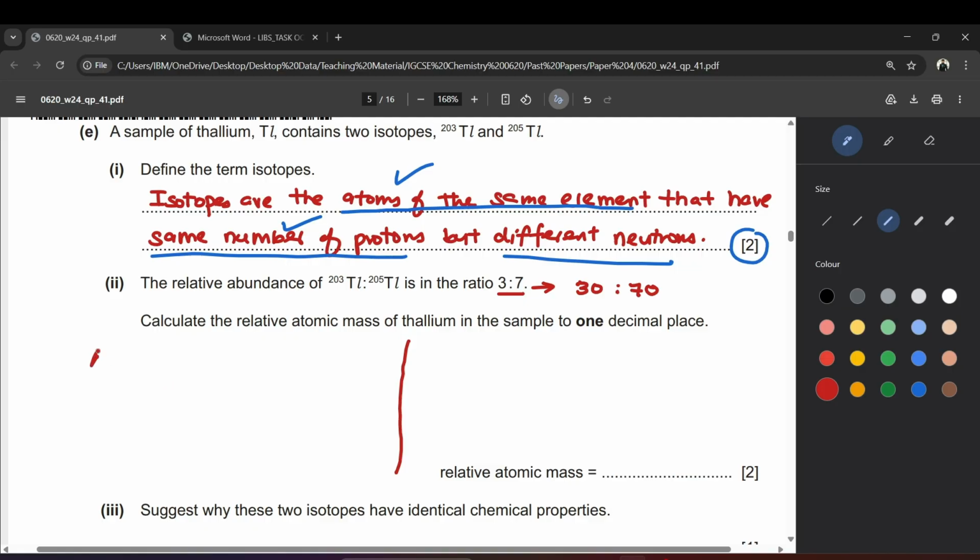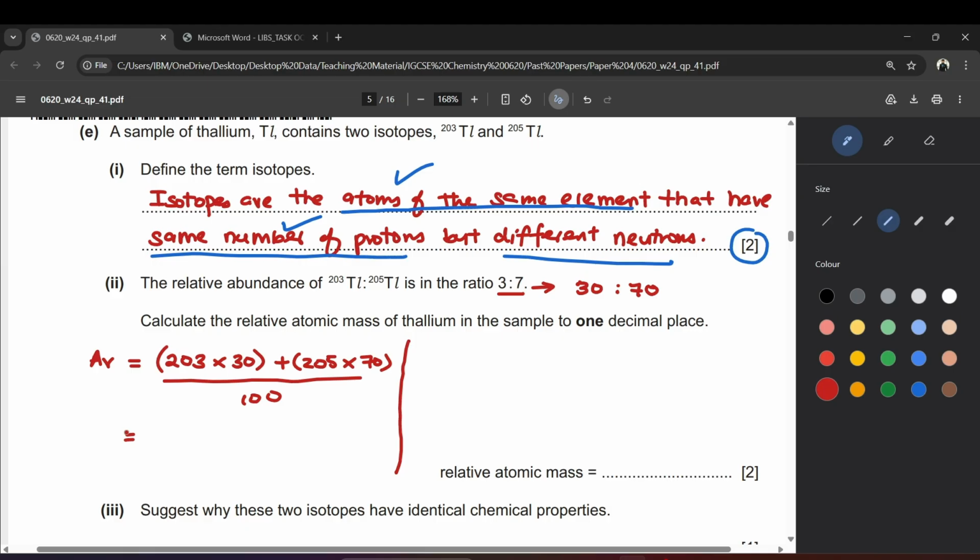So now if I want to calculate the Ar value, that will be 30% multiplied by 203. So we can say 203 times 30 plus 205 times its percentage, which is 70. And now the total percentage is 100, right? So let me work this out.